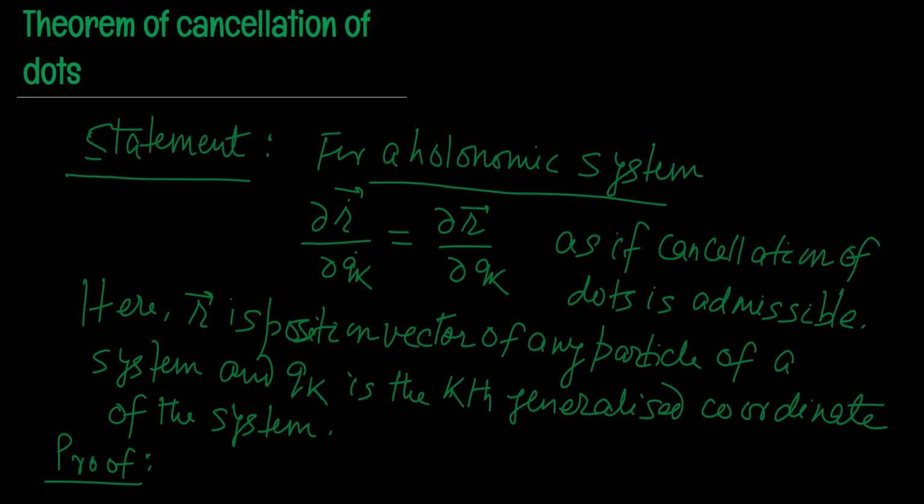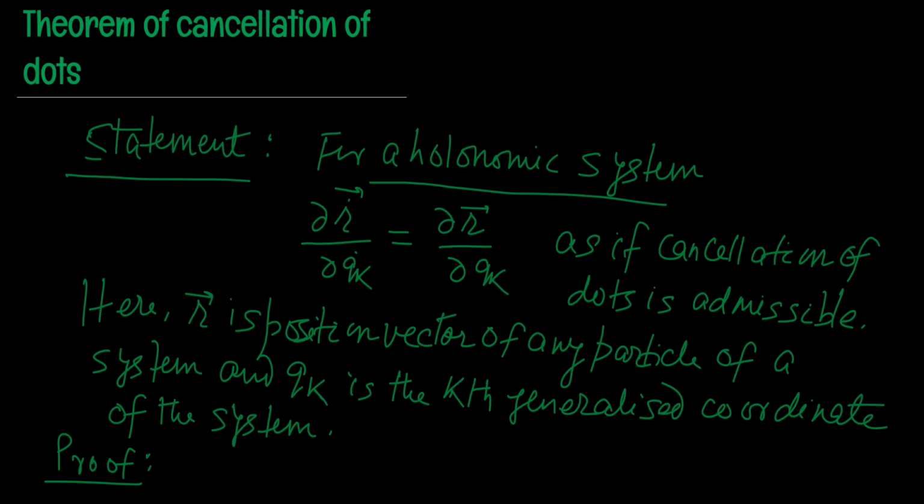What you see here is that it appears the dot on r in the numerator and the dot on qk in the denominator just cancel out. It is not actually a quantity that cancels, but since del r dot by del qk dot is equal to del r by del qk, it appears that the dots in numerator and denominator have been cancelled out.